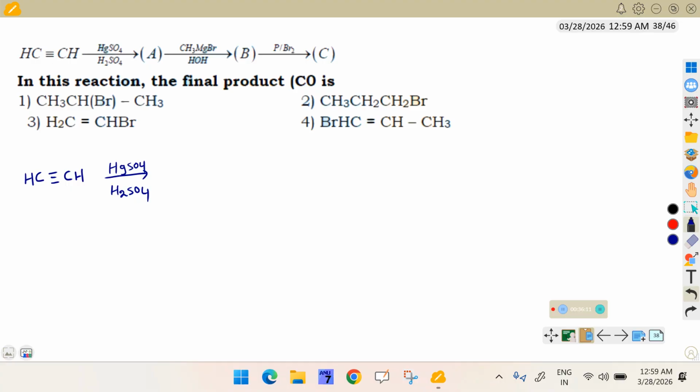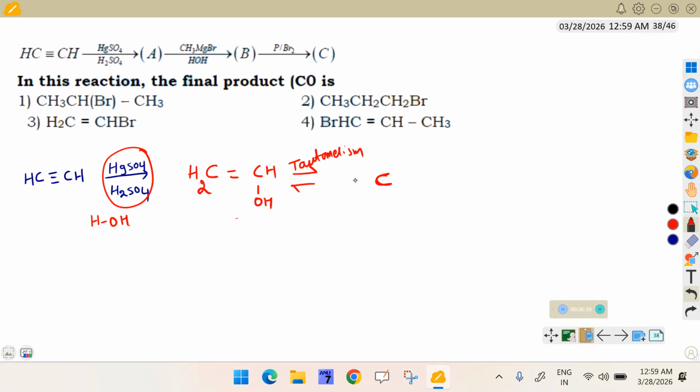Yes. Acetylene reacts with HgSO4, H2SO4. What we know, HgSO4, H2SO4, acidic hydrolysis. Alkynes undergo acidic hydrolysis. Follows Markovnikov's rule. Add hydrogen atom one side, OH group another side. This is vinyl alcohol. Vinyl alcohols participate in the tautomerism process and it gives aldehyde.